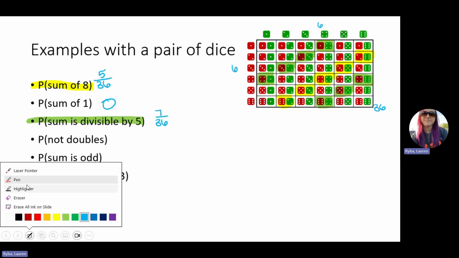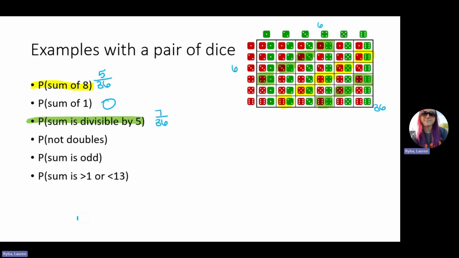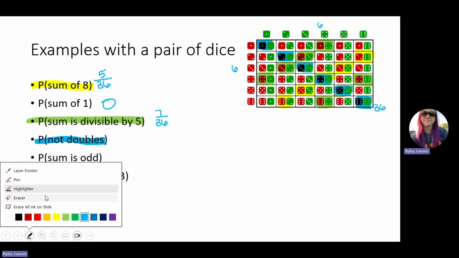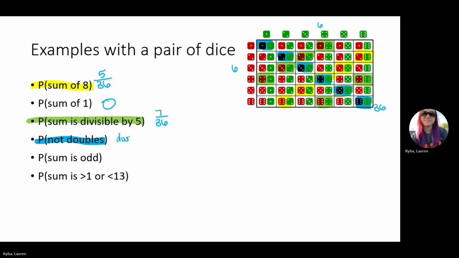Next one, probability I do not get a double. So again, I always like to count the ones that are that and then subtract them out. So doubles are these guys: 1 and 1, 2 and 2, 3 and 3, 4 and 4, 5 and 5, 6 and 6. So doubles happen 6 out of the 36 times.